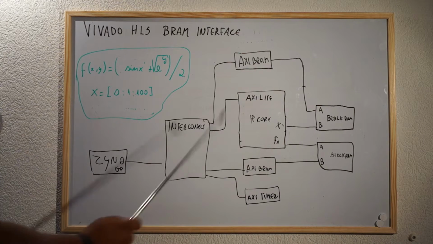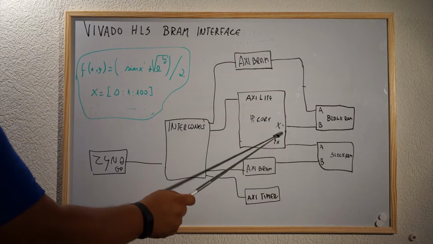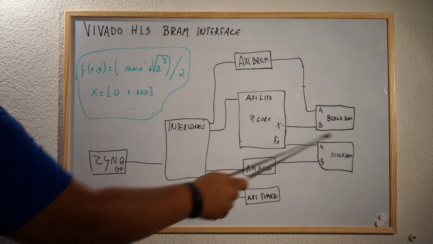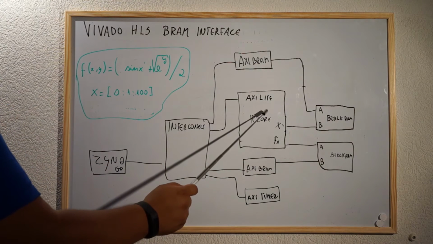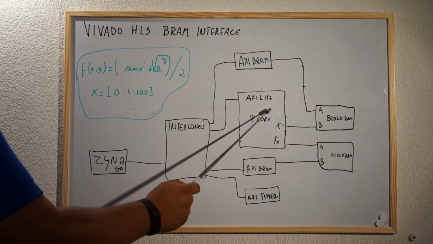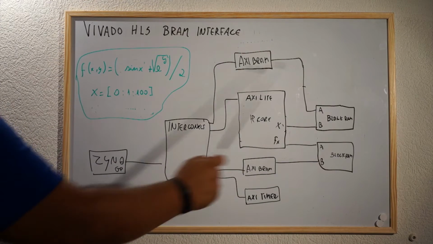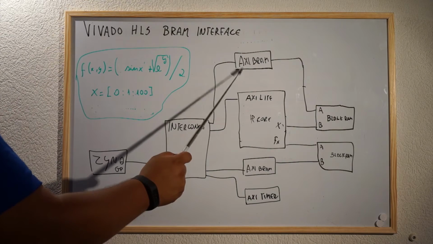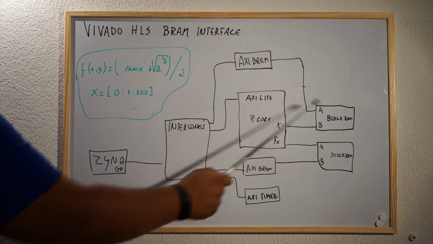As I mentioned in the introduction, these are going to be connected to a block RAM generator. In order for our IP core to have access to those block RAMs, and our Zynq as well, we're going to use the AXI BRAM controller, which actually maps your block RAM into the Zynq memory.